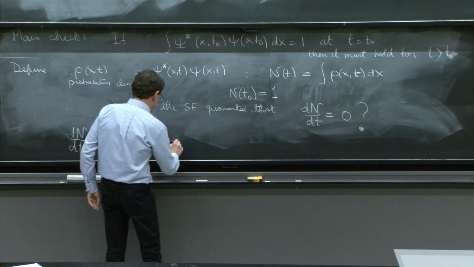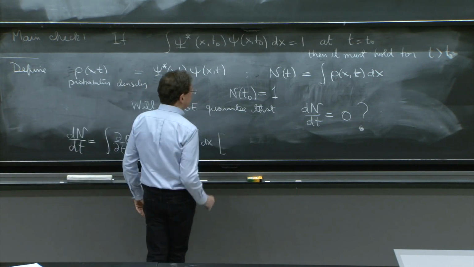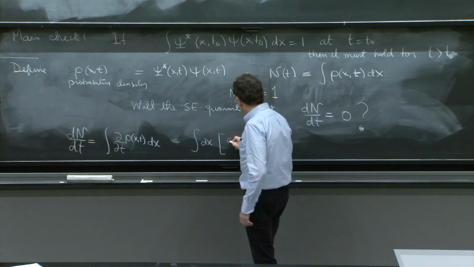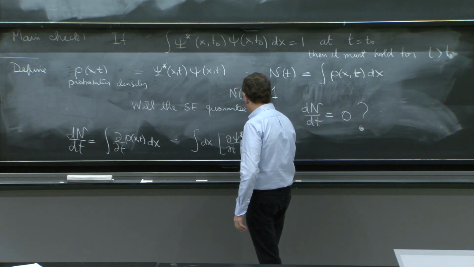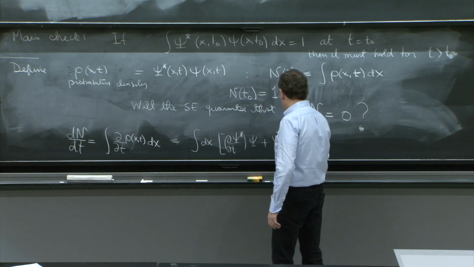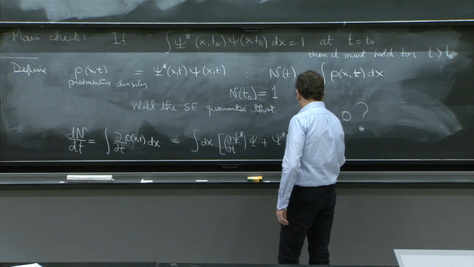And now we can write it as integral dx. What is rho? It is psi star psi. So we would have d/dt of psi star times psi plus psi star d/dt of psi.